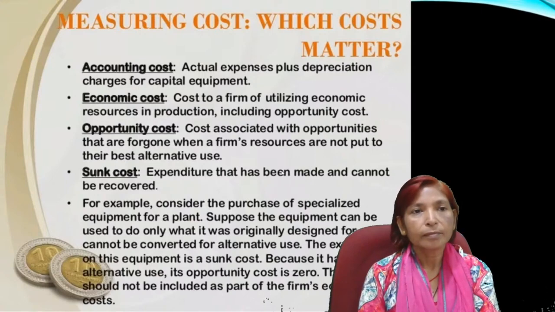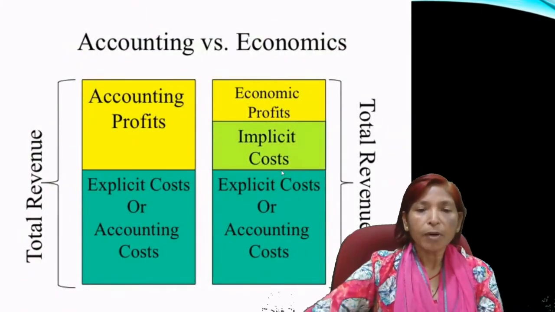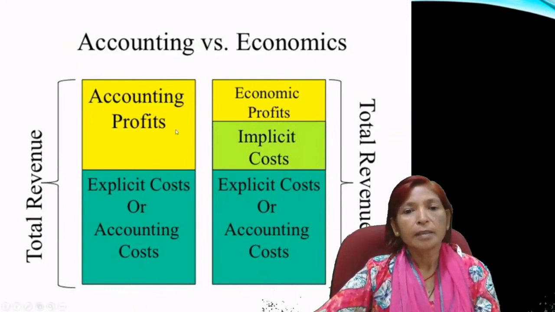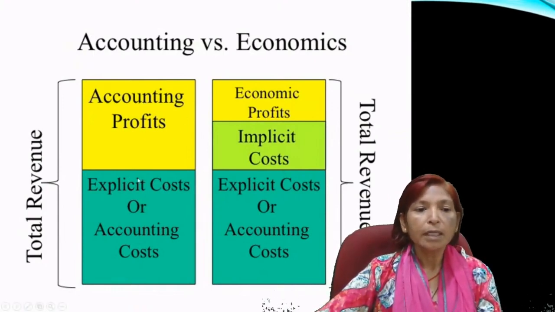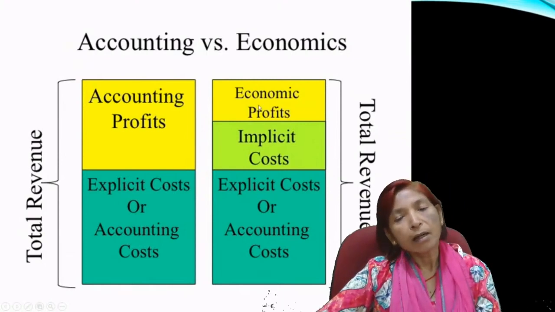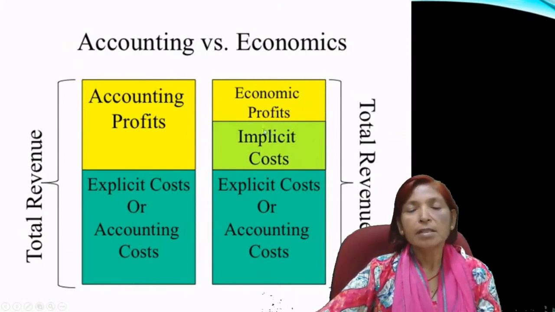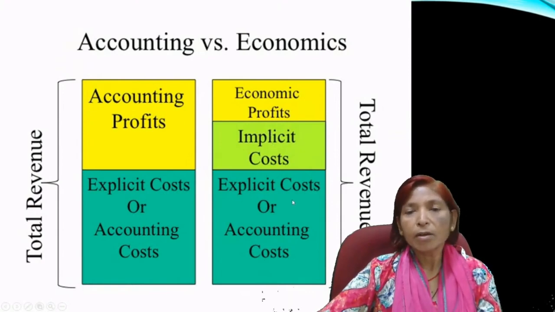Next is accounting versus economic cost, accounting profit and economic profit. Accounting profit includes only explicit cost or accounting cost, and economic profit includes implicit cost as well as explicit cost.